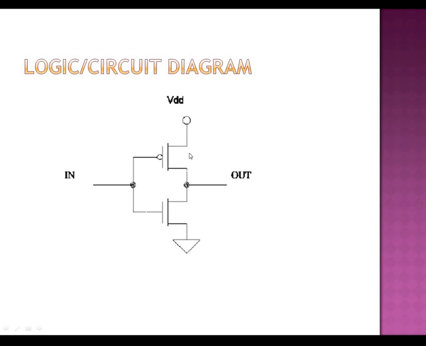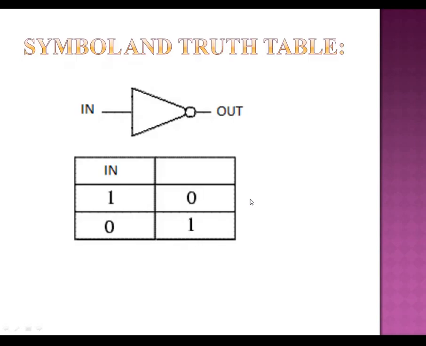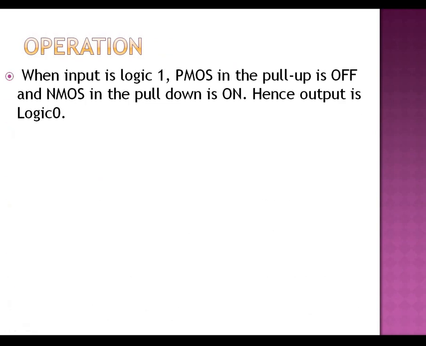The current flows from VDD and the output will be 1. Similarly, when the input is logic 1, the P channel MOSFET is off, an open switch, and the N channel MOSFET is on, so there is a low resistance path towards the ground, so the output will be 0. This is the symbol and this is the input output relation, the operation which I have just explained.